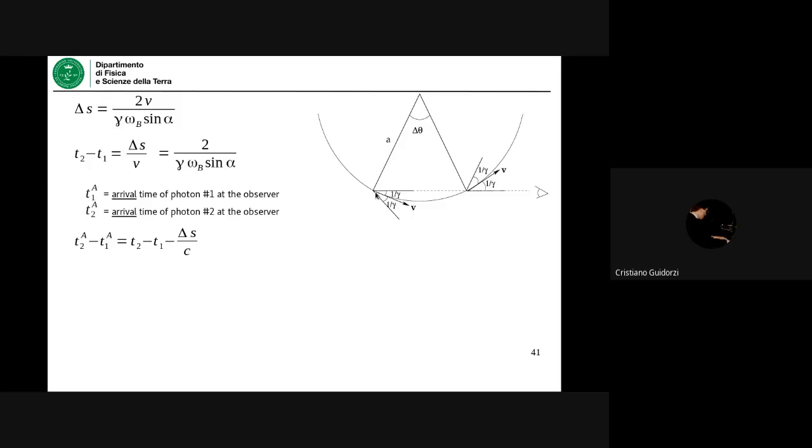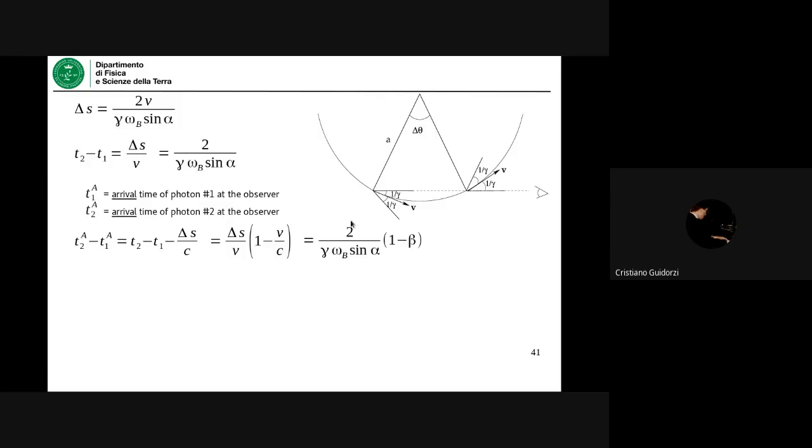Delta S, and in terms of light travel time, delta S over C. This is really important to consider. So delta T2 minus T1 is just delta S over V. If you collect delta S over V, this first term is just 1, and the second term, the one you subtract, you can express as minus 1 minus beta. Now, let's replace delta S over V with this expression here.